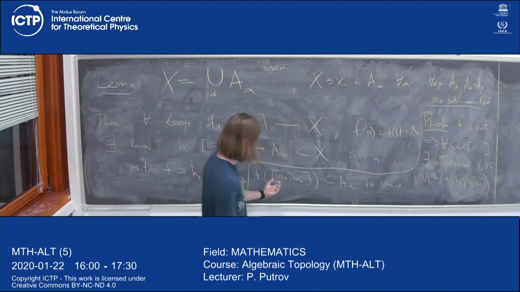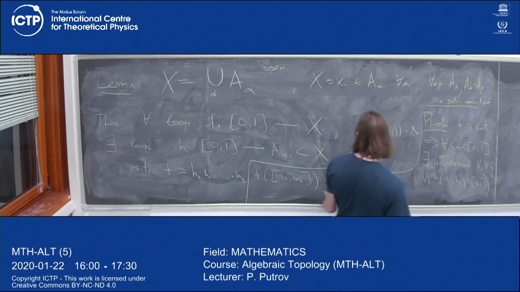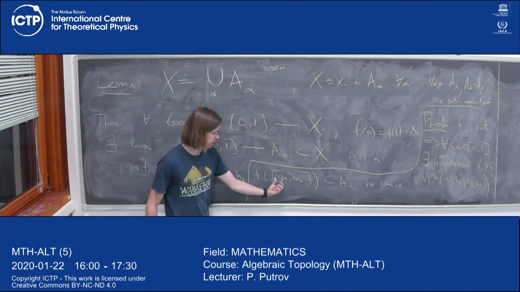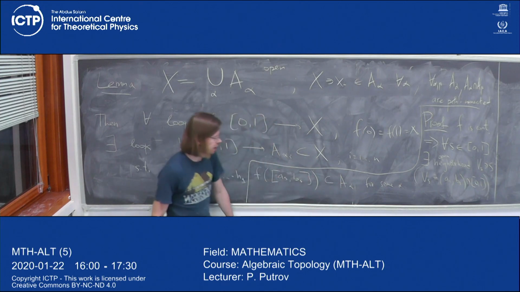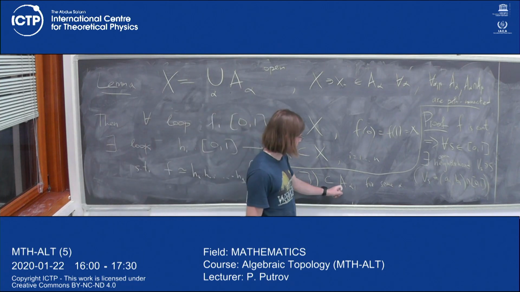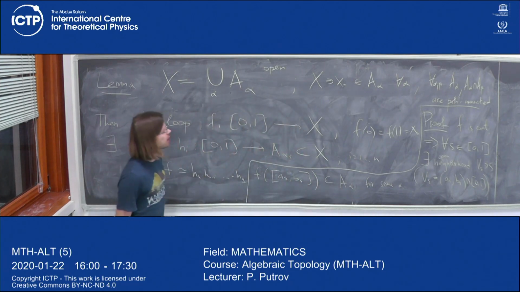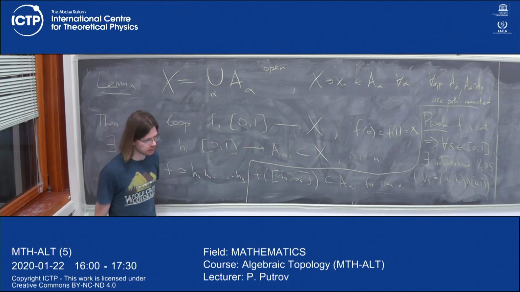But I can always reduce my interval a little bit, so I can require not just the open interval but the closed interval to also sit inside a certain element, a certain subset in the cover.